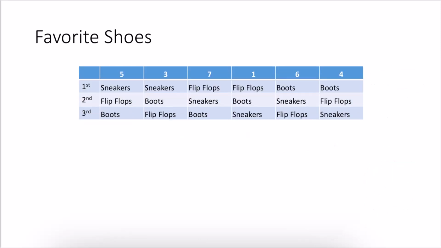Okay, so in this first example, if I'm listing out my possible pairs, I could do this with a complete graph. So I have 3 options. I have sneakers, flip-flops, and boots. And sneakers will need to be paired with boots and with flip-flops.